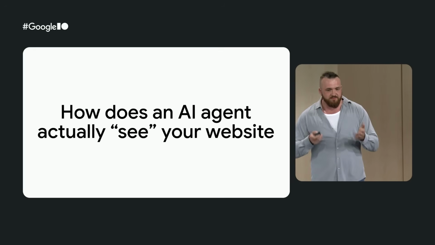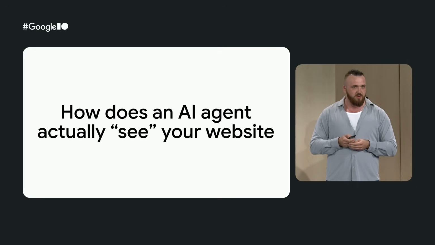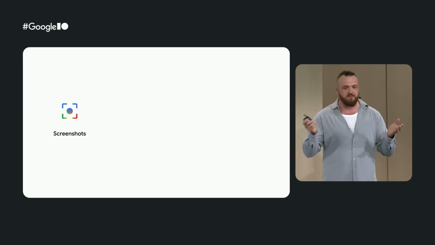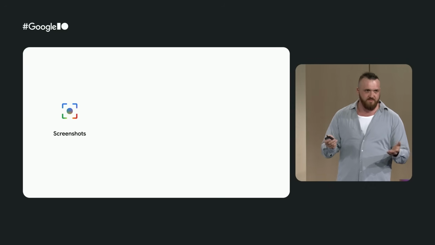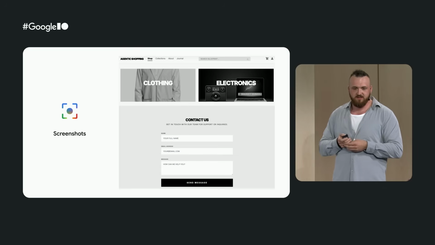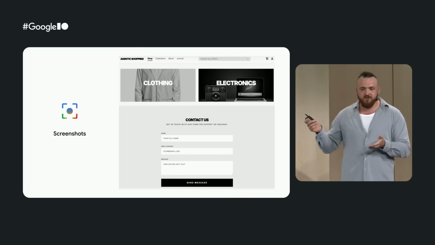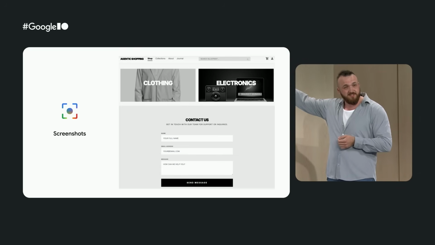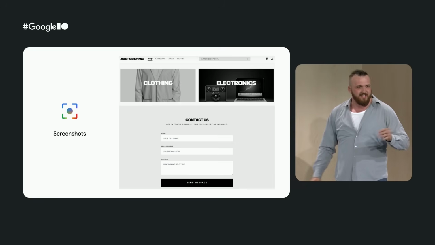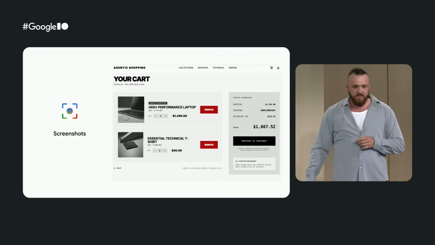An AI agent can perceive your website in 3 primary ways. First, it can take a screenshot and use a vision model to interpret it, similarly to how a human would, right? Based on the screenshot, the agent recognizes that the thing at the top is most likely a global search, and text fields in the middle are most likely form fields, right?